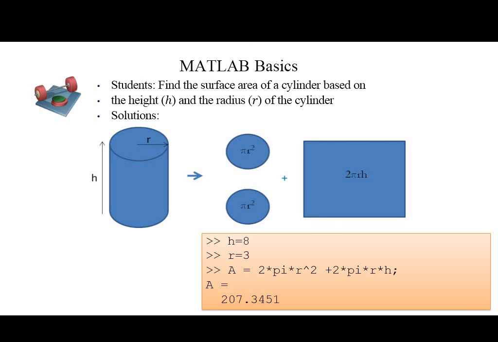Then you will get the surface area of the cylinder, which is 207.3451. You have to try this type of calculation in your command window, then you will get the proper answer.